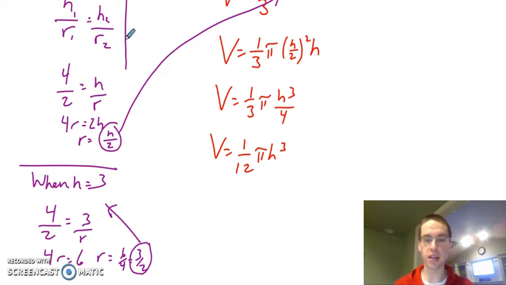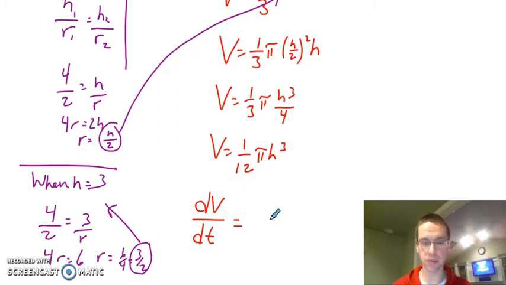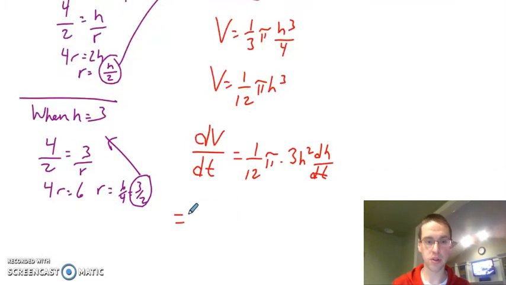Notice I always say I go over to the side and find something out. So I'm going to take the derivative. dV over dt equals 1/12 pi, that does not change, times the derivative of h cubed, 3h squared dh over dt. What do I get now? 3 and the 12, 1 over 4 pi h squared dh over dt.